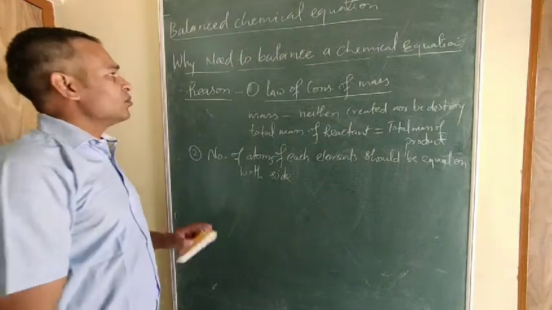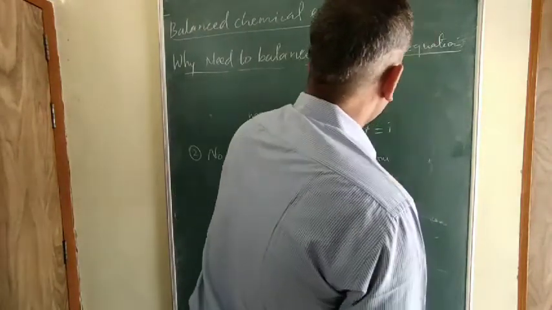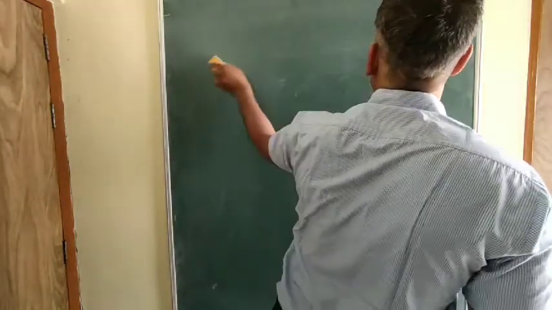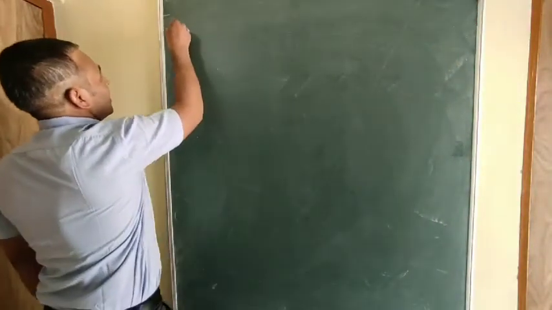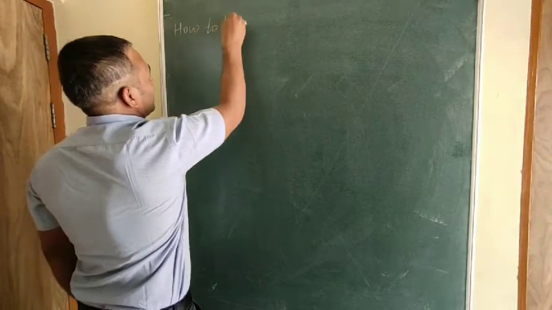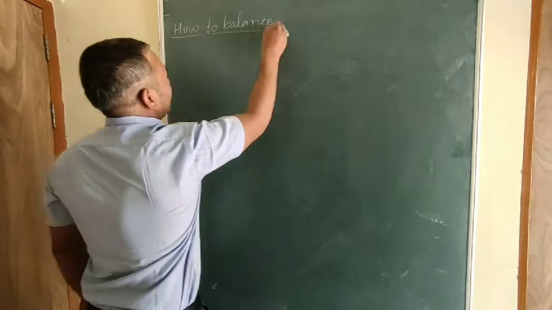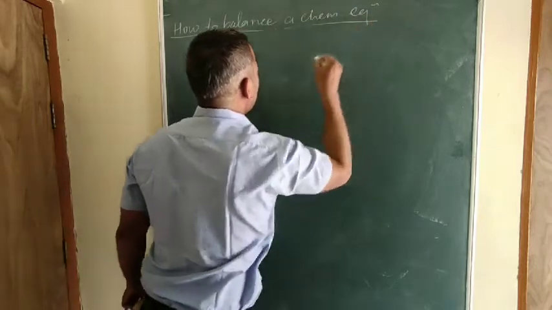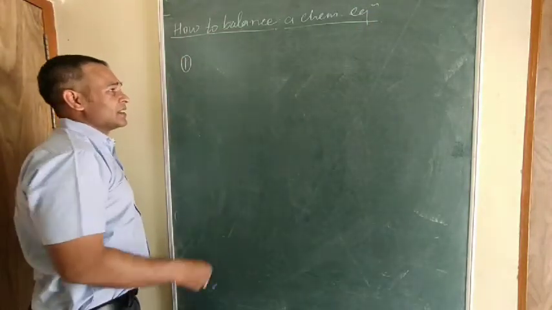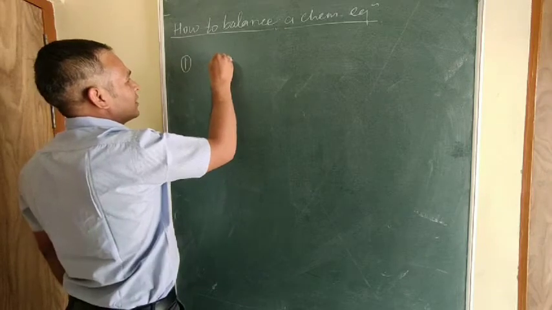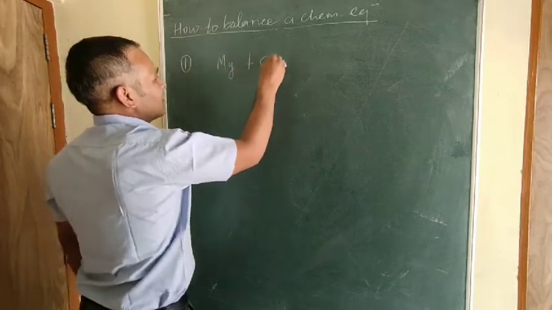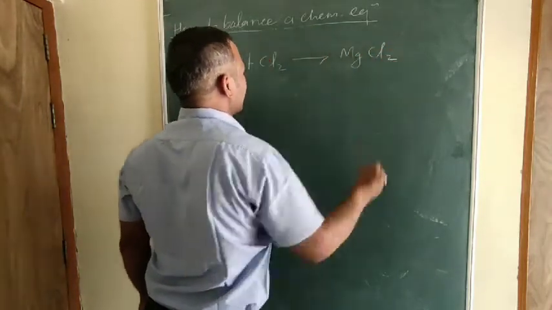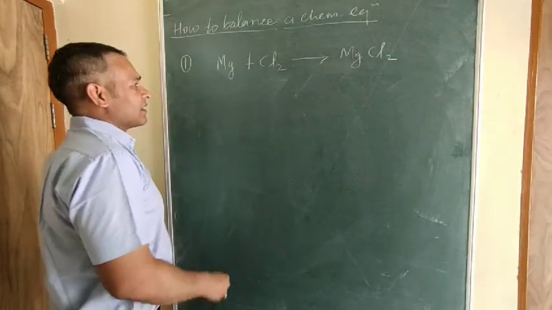Now, how to balance? The next question comes, how to balance a chemical reaction or equation. कैसे बैलेंस करेंगे? एग्जाम्पल ले लेते हैं. The first example, suppose you have magnesium plus chlorine gives magnesium chloride, already balanced है, right?